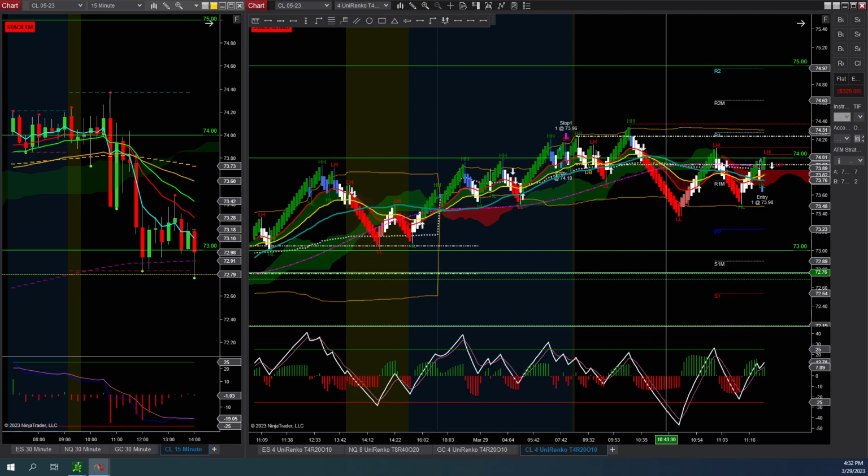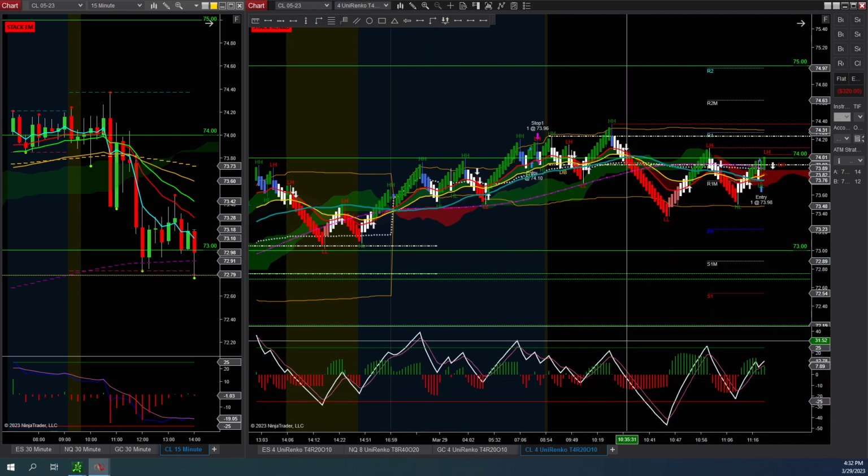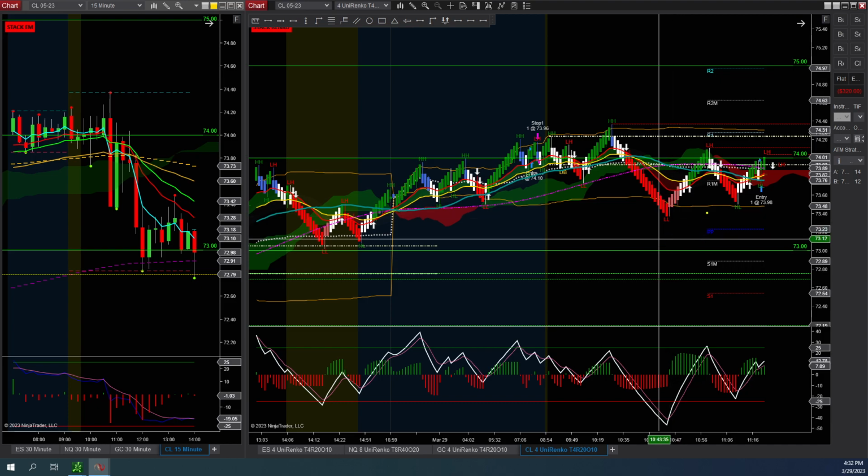Anyways, when I saw here, after the release, there was a move to the downside, and then up, and then down. There is actually a higher low, and on the opposite side you have a lower high, which indicates that the market is actually in consolidation.